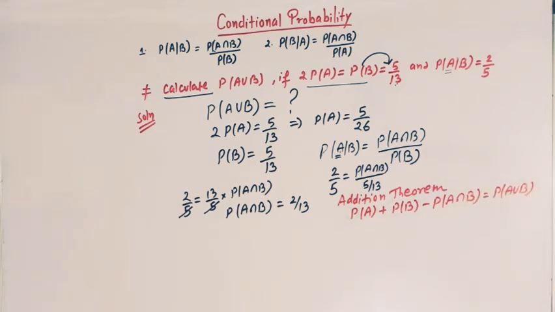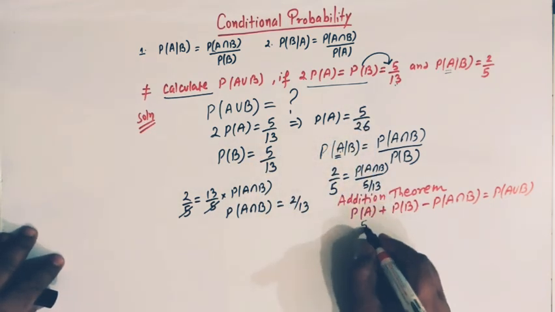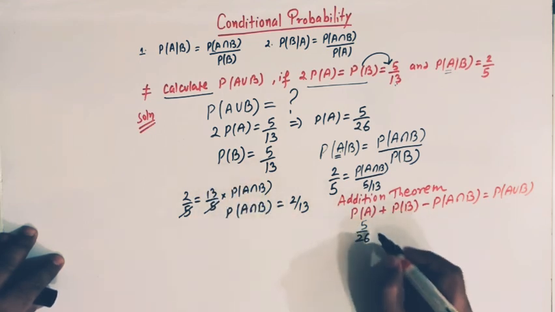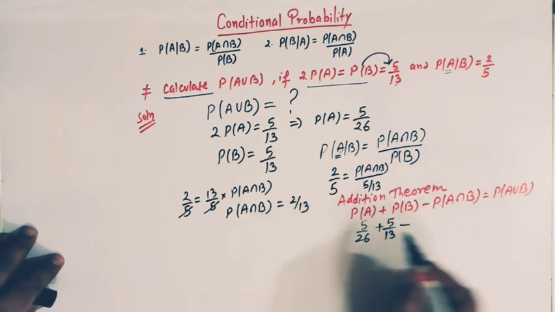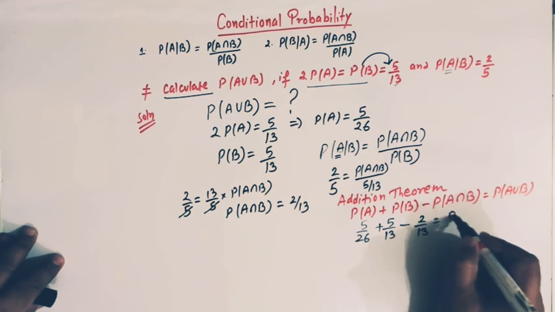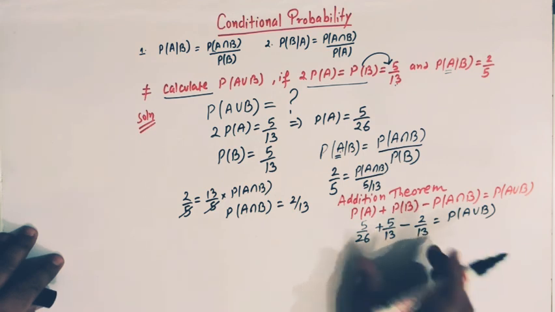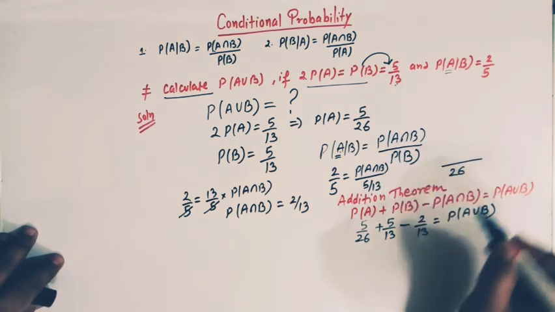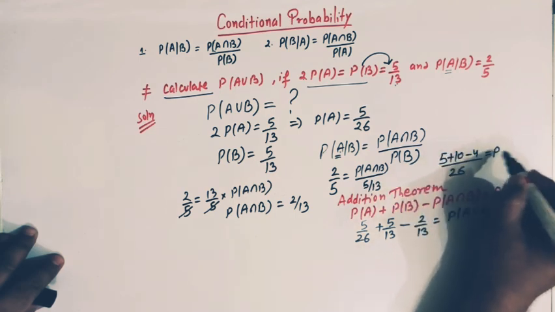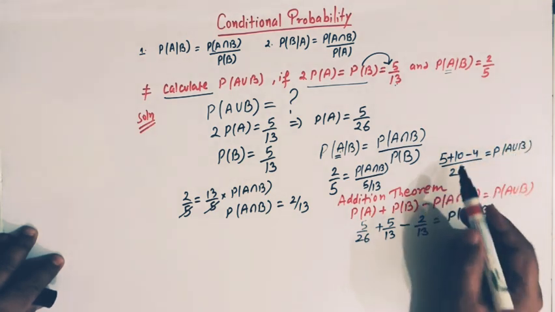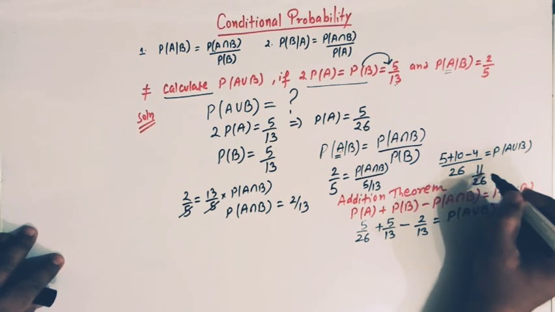So we'll substitute the values: P of A is 5 by 26, P B is 5 by 13, minus P of A intersection B is 2 by 13, and this is P A union B. Now if we take the LCM, we'll have 26 as the LCM, so we have 5 plus 10 minus 4 is equal to P of A union B. So this is 15 minus 4, that is 11 by 26.